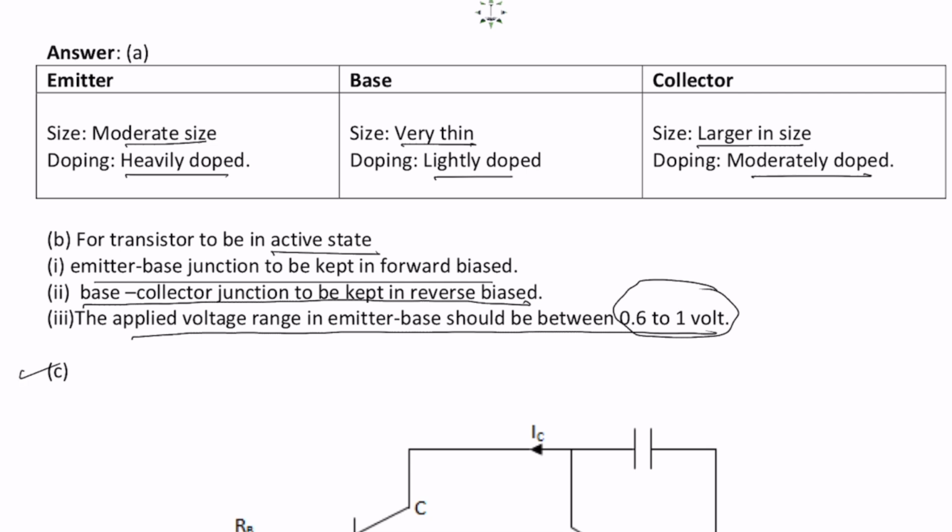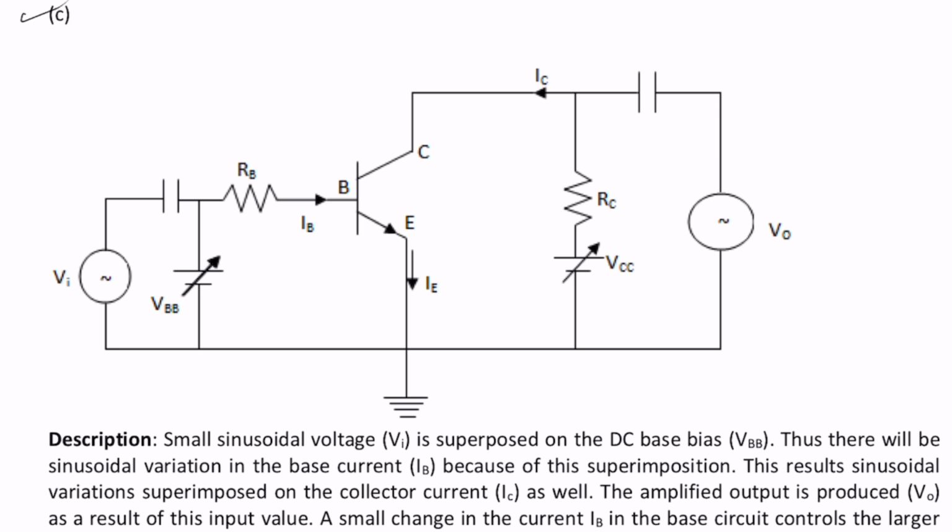Okay, next question. So this is how the transistor is connected. This is base, collector, emitter. This is the resistor to drive the base-emitter current, correct?